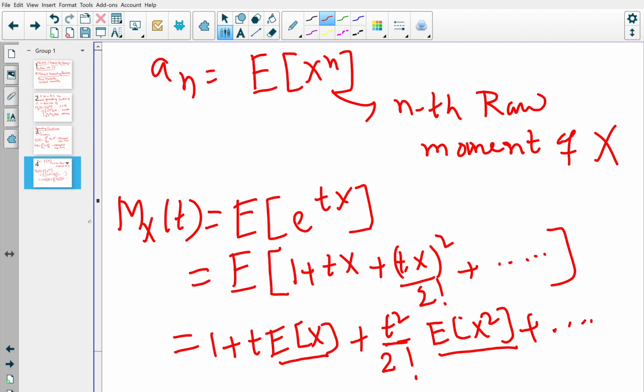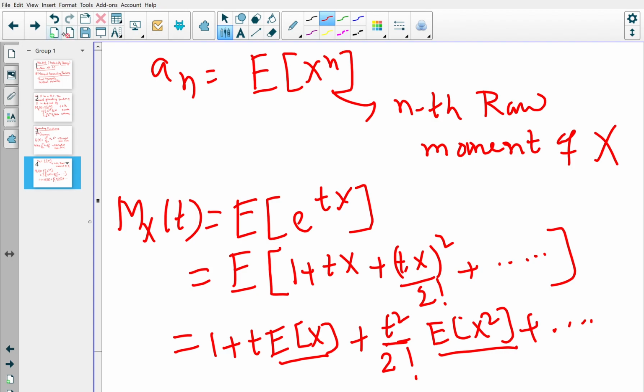So this function actually generates the moments: the moments sit as coefficients of t, t square by 2 factorial, t cube by 3 factorial, and so on.